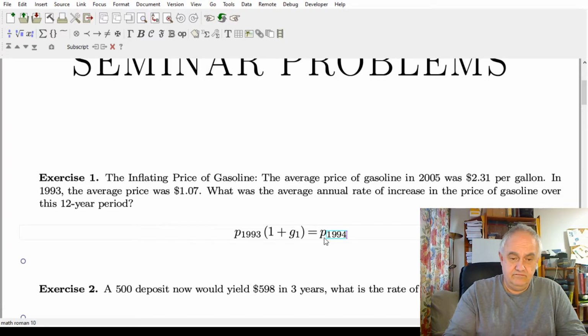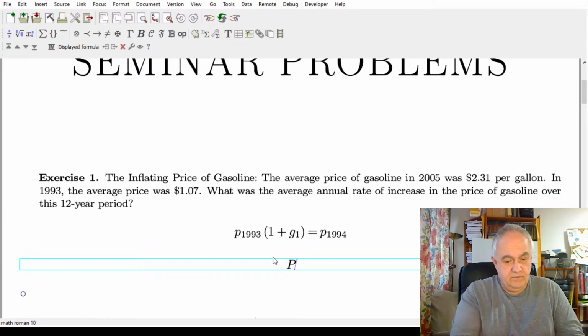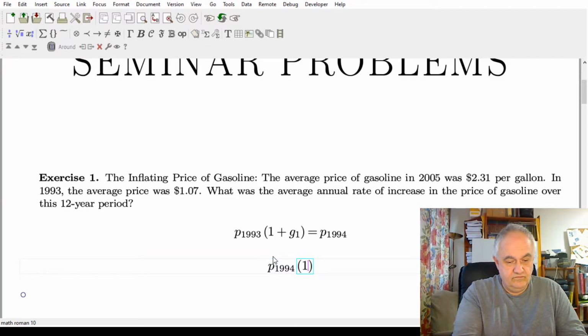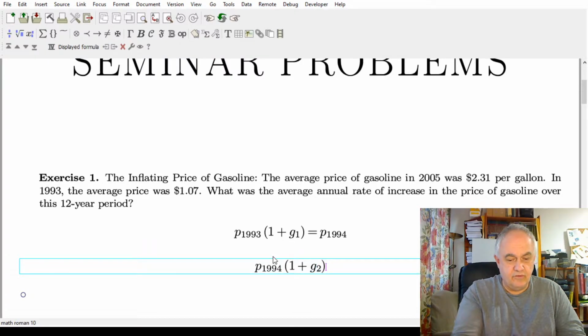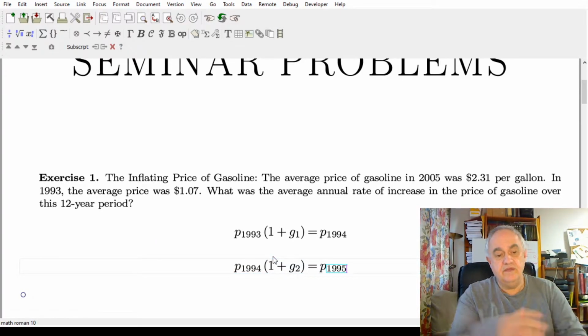And then we jump to the next year, and we know that P1994 times 1 plus G2 will transform into P1995, and so on.